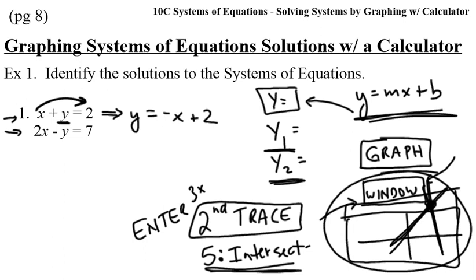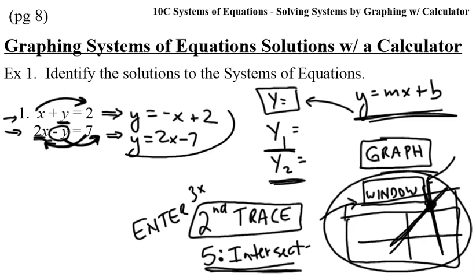Second line, my y is negative, so I'm going to move my y over, and I'm going to move my 7 over. That way my y will be isolated as a positive y. And with the 7 going over, I'll be left with 2x minus 7. So there are my 2 lines in slope-intercept form for this system of equations.